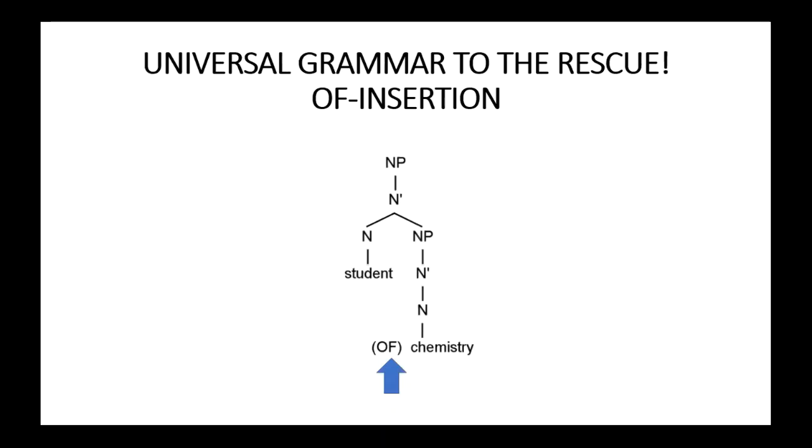So this of that appears with student of chemistry, notice that this is an inserted element. Now, this of looks like a preposition, but is actually not a preposition. This is what we call a pseudo preposition. And why do we call it a pseudo preposition? We call it a pseudo preposition because real prepositions are PPs. This is not a PP.